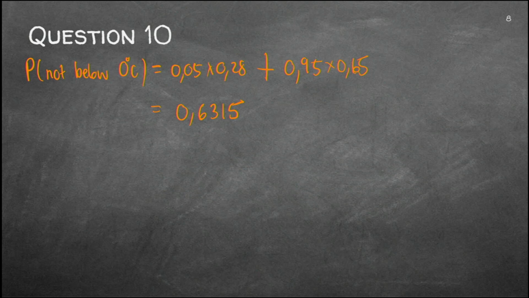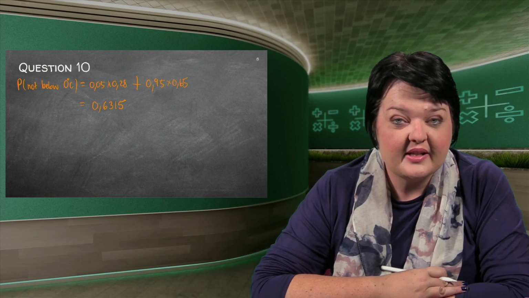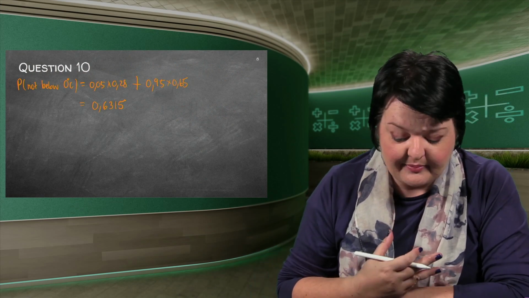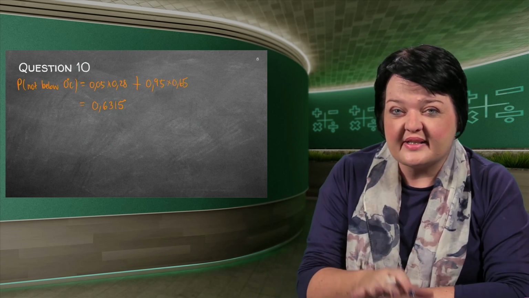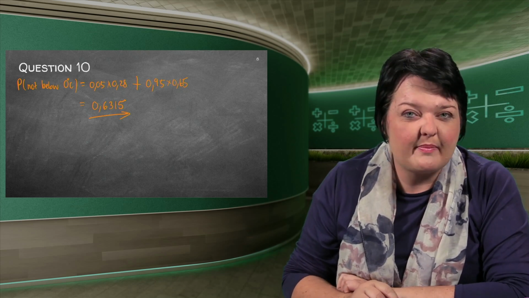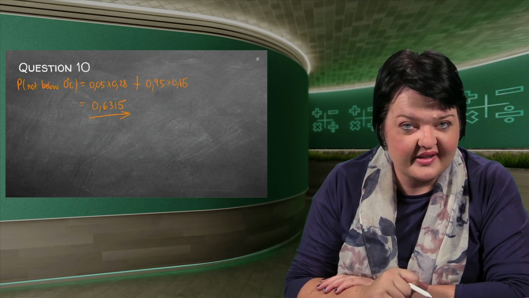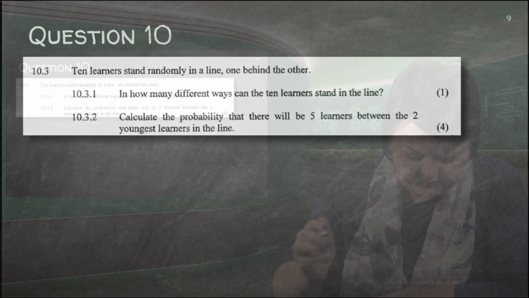So very important, if they were to ask you for the percentage likelihood for the temperatures to not be below 0 degrees, you would just multiply that with 100, and it would be 63,15%. So very important, here preferably use about 4 decimals where possible to help you have the most accurate answer. So let's quickly do the last question.